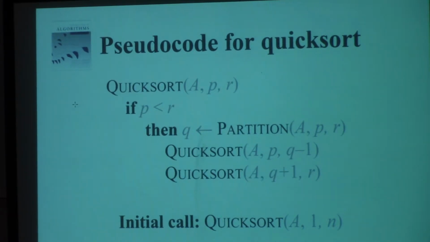You quicksort this number 3. I'm done. Quicksort 3 and 2? Oh, okay. I have some work to do. So, if there are at least 2 elements, then we call partition. That's exactly what we just did. And we know that has a work of theta n. And partition will return Q. What is Q?